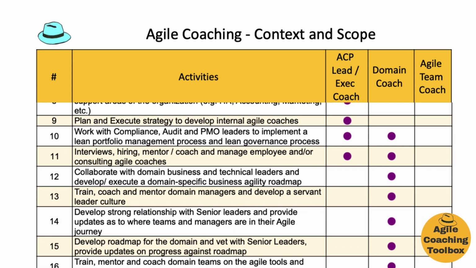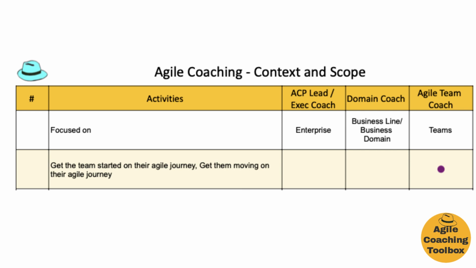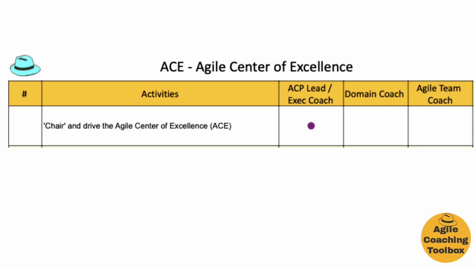So one thing I wanted to add there is Agile Team Coach is more focused on the team, right? So that's the primary responsibility for the Agile Team Coach. Get the team started on their Agile journey, get them moving on their Agile journey, ensuring that they are moving in the right direction. If the organization has Agile Center of Excellence, Enterprise Agile Coach would be part of that Center of Excellence.